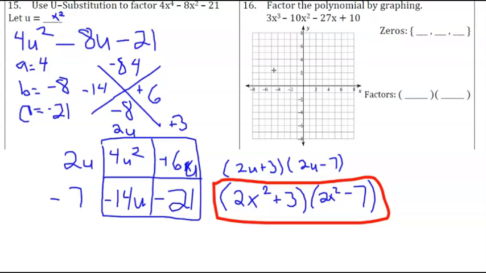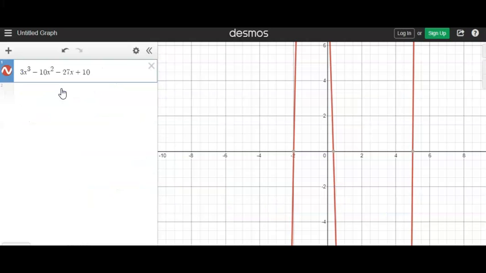So you go to desmos.com/calculator and graph this expression right here. So once we've graphed our expression, we'll find the three x-intercepts. We have negative 2, we have 0.33333 repeated, and we have 5.